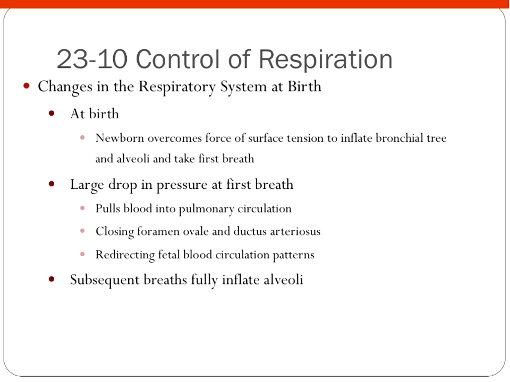It turns into a ligament after you're born, but while you're a fetus, it's open, so circulation just goes from aorta to pulmonary. It doesn't have to go through the whole pulmonary circuit because, A, those vessels are collapsed, and B, the lungs aren't getting any oxygen. So we redirect that fetal blood circulation pattern into what we call the adult blood circulation pattern.